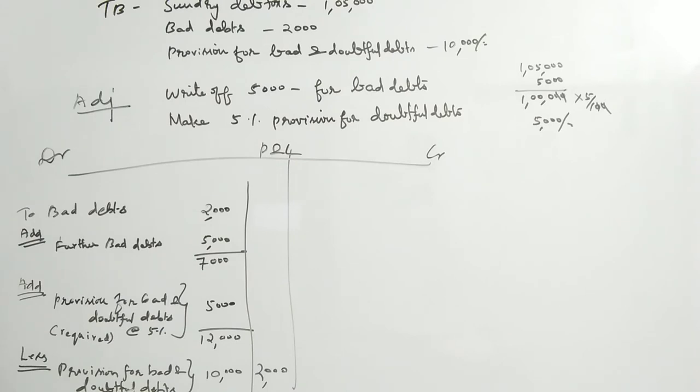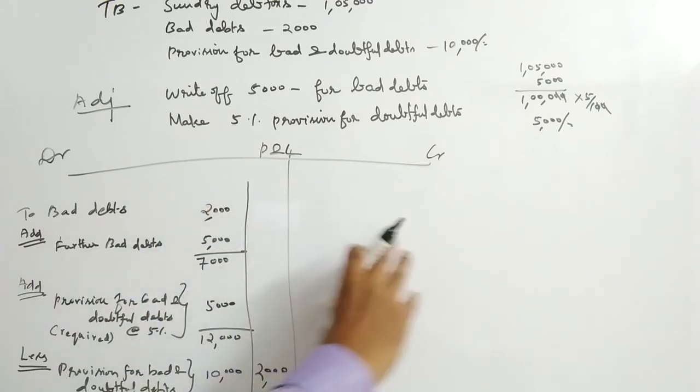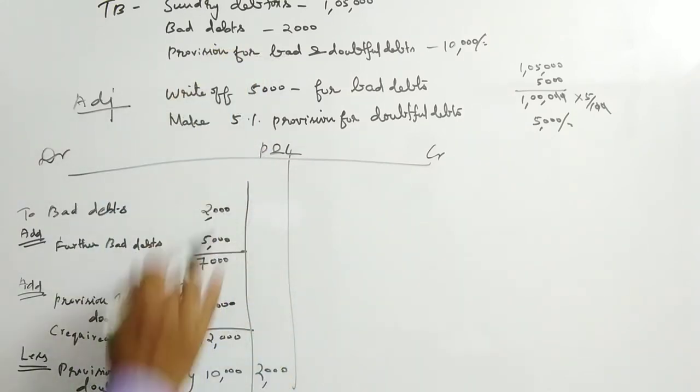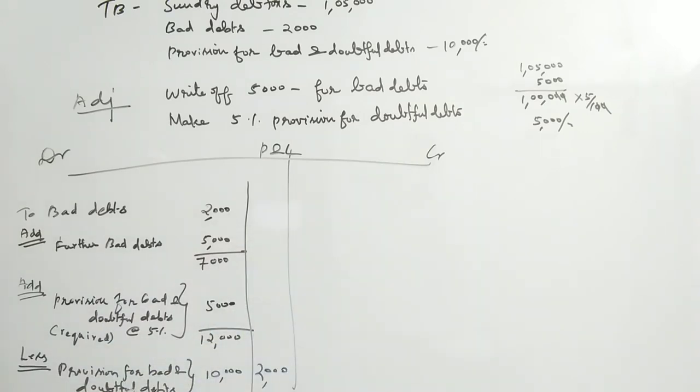Just keep in mind. Imagine instead of 10,000, we have an existing provision of 15,000. We make all these entries here, and from the existing provision, that is the trial balance provision, we subtract this value on the credit side of the P&L.